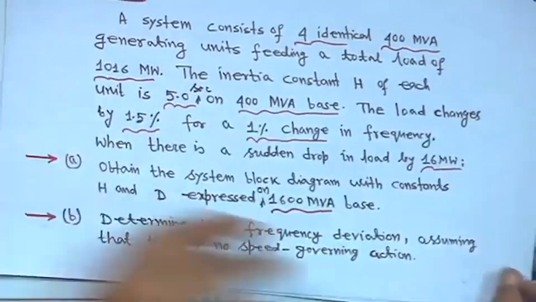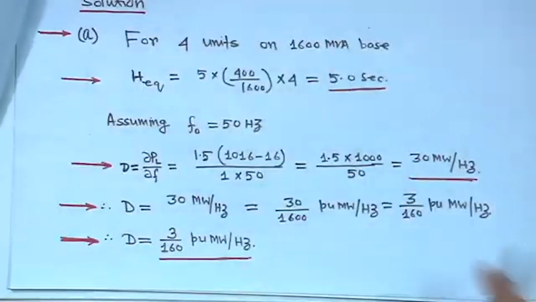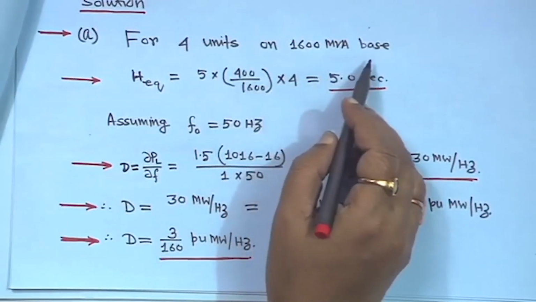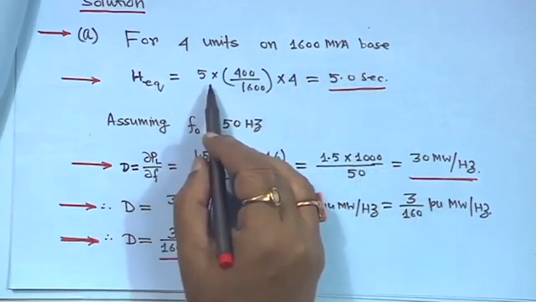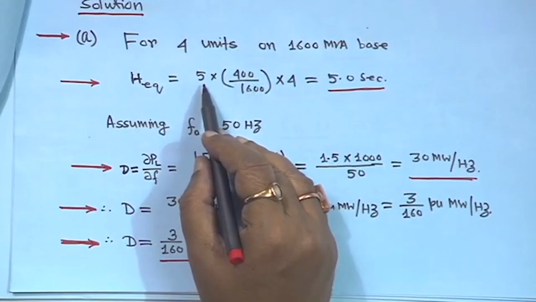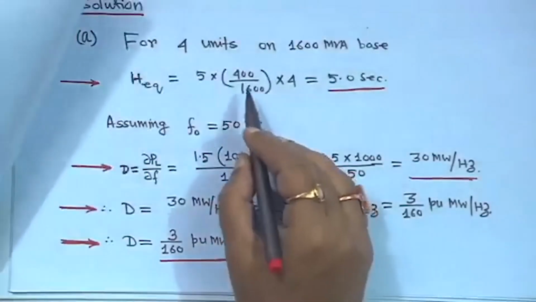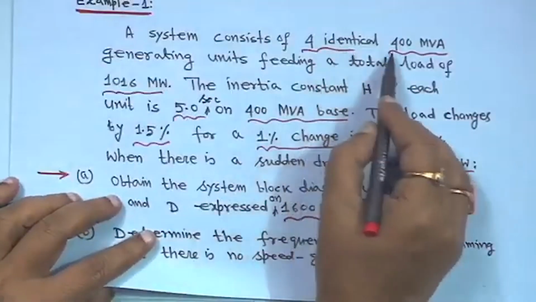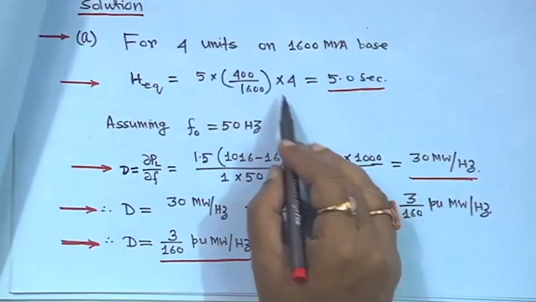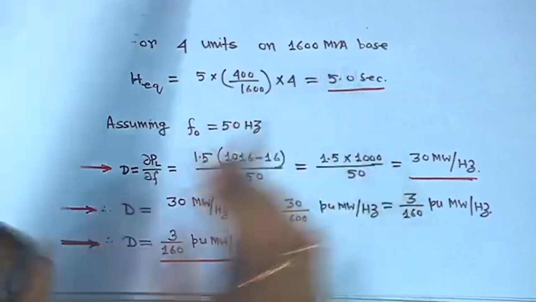Now look at the solution, how we will make it. For 4 units on a 1600 MVA base, the equivalent H will be 5 into 4 identical 400 MVA units, that is 400 into 4, on a 1600 MVA base.